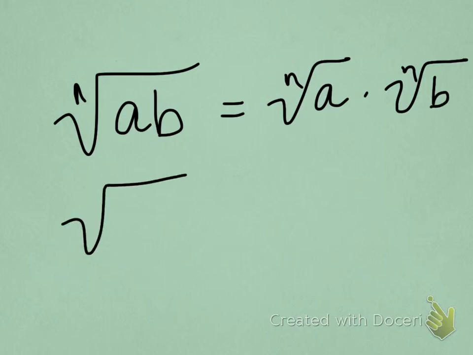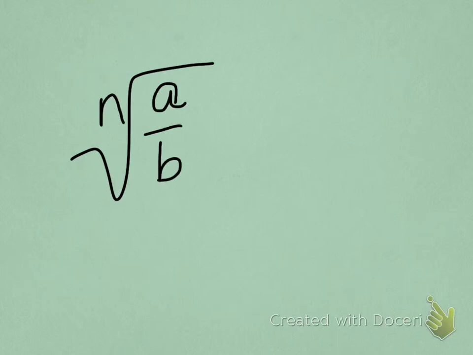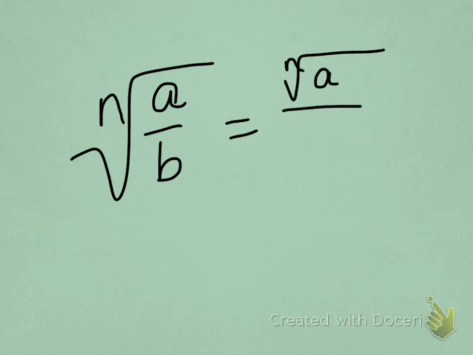So if we had the cube root of 81, like we did in that first example, that of course breaks down into 9 times 9, 3 times 3 times 3, which the cube root of 81 is 3. If we look at the quotient property of roots, we see that the nth root of a divided by b is going to equal the nth root of a divided by the nth root of b. They just break apart.